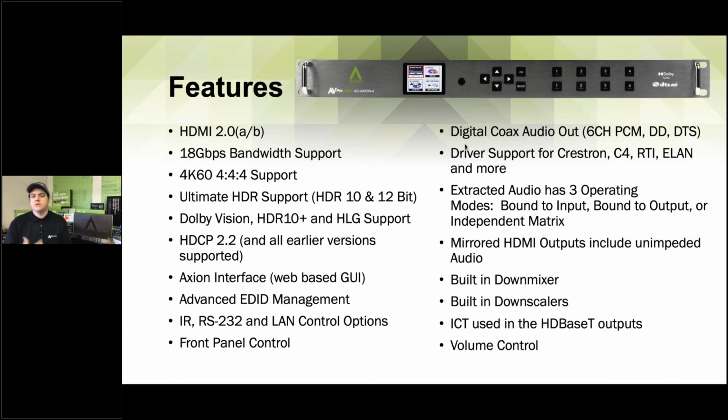It has those extracted audio modes where you can bind it to the different inputs or outputs depending on how you want it. Built-in down mixers, built-in scalers. We're using ICT, invisible compression technology, proprietary technology that AVPro uses in order to bring lossless compression through HDBaseT and allowing you to get that 4K 60 444. You have volume control, and we'll go into that when we look into that.